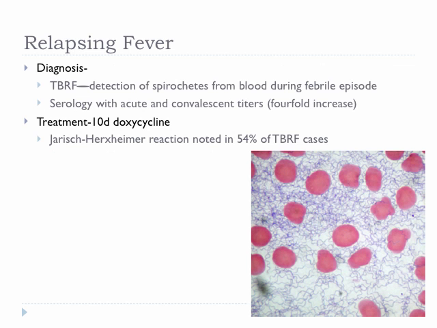This was a picture of high level of spirochetemia in the blood, and she actually responded very well to doxycycline without any long-lasting effects. Treatment duration is 10 days, and with all spirochete illnesses, you get a Jarisch-Herxheimer reaction with rigors, hypotension, chills, worsening of the symptoms, but it's commonly reported in tick-borne relapsing fever 54% of the time.